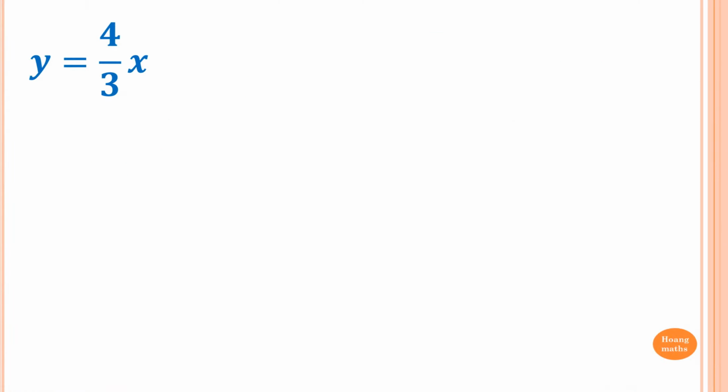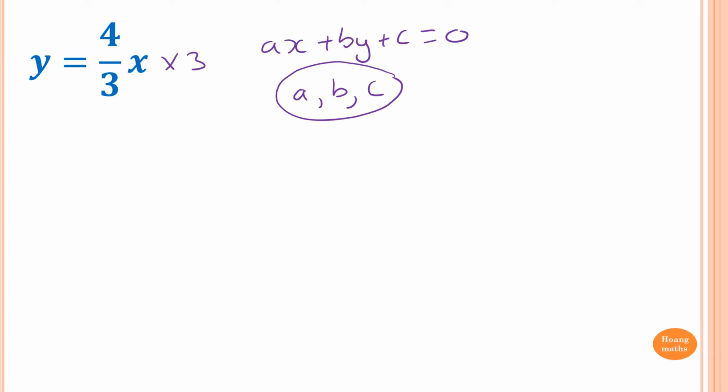Right, this one here, y equal 4 over 3x. The first step is to times everything by 3, because I want to get rid of the bottoms. Remember, ax plus by plus c equal to 0, and a, b, c must be integers. So I get rid of fractions. That's why I times by 3 on the left and the right as well.